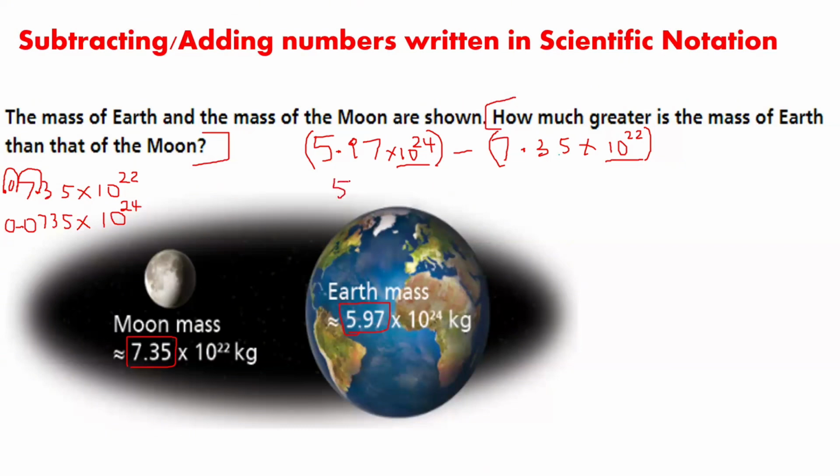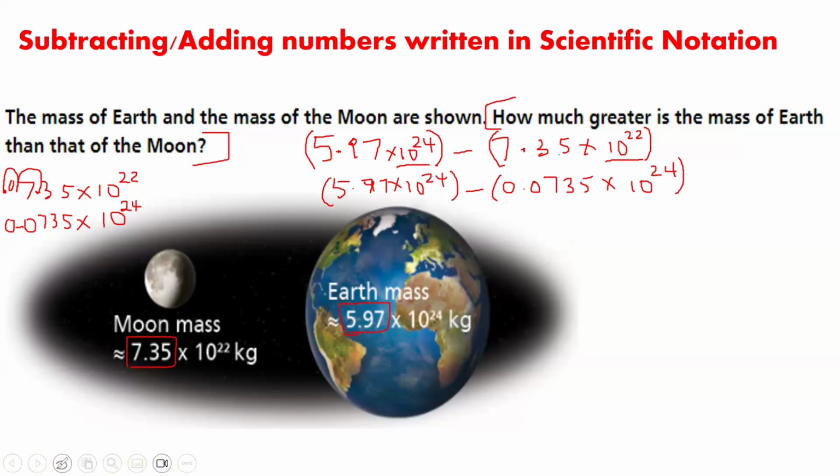So let me just rewrite this. 5.97 times 10 raised to the 24th. Put them back in parentheses, minus 0.0735 times 10 to the 24th.